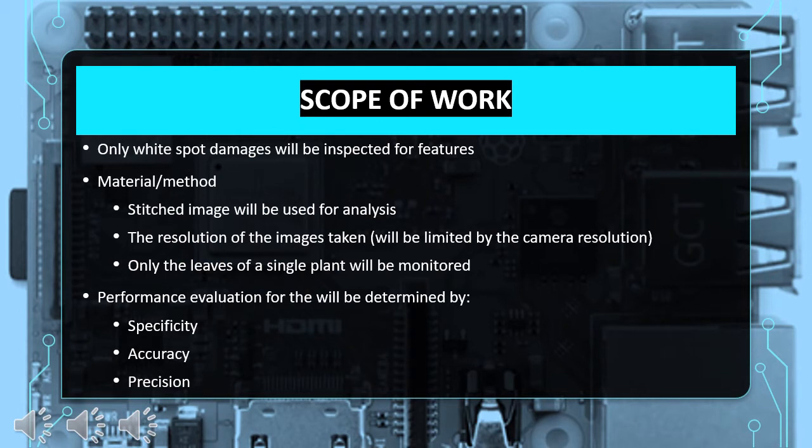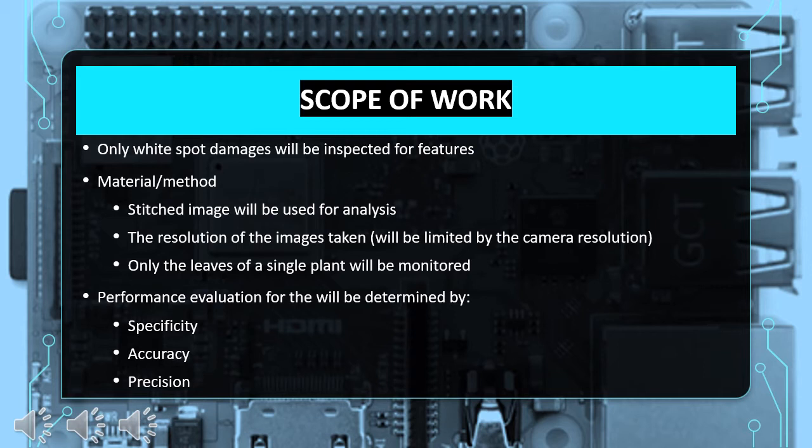For the scope of work, first, we only focus on the feature to detect the white spot damage on the leaf. Next is material or method. Stitched image will be used for analysis.